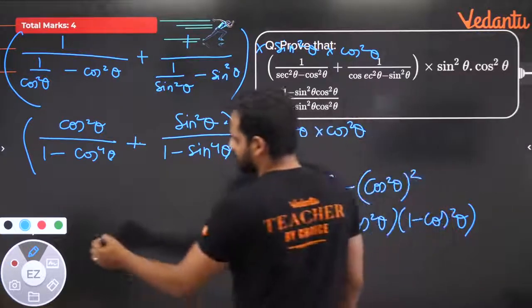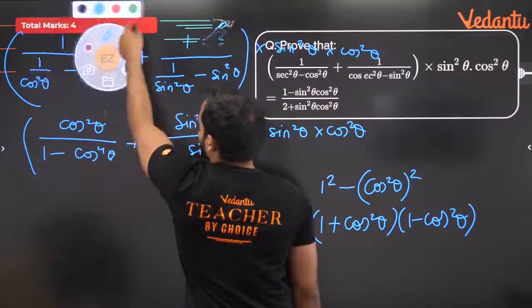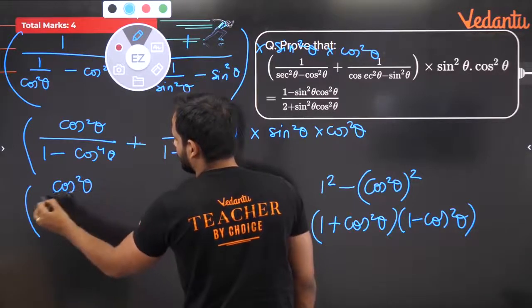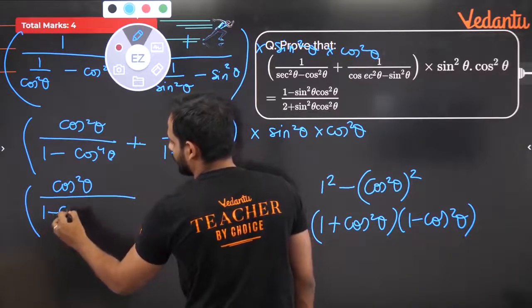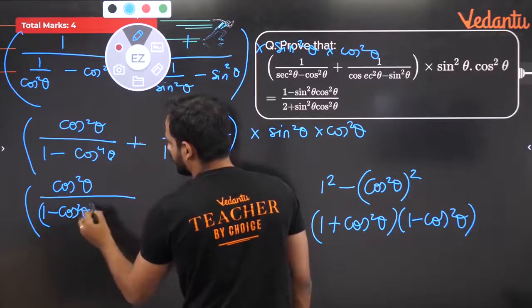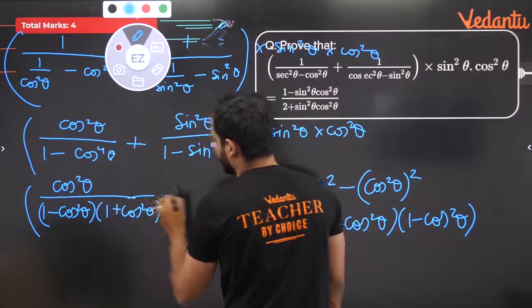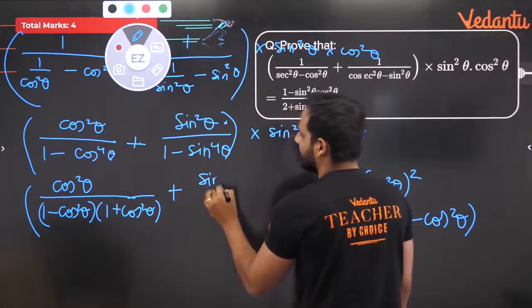So now it will become cos square theta divided by 1 minus cos square theta into 1 plus cos square theta, okay, plus sin square theta.